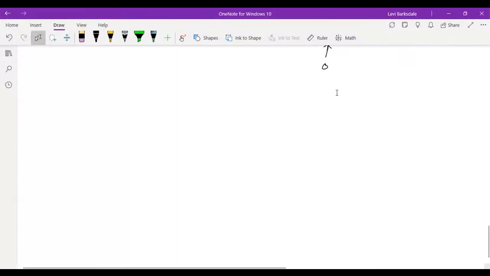Cool. Let's go ahead and do a couple of practice problems. So work these ones on your own, and then we'll go over them. Start with the integral from 0 to pi of tangent of x.